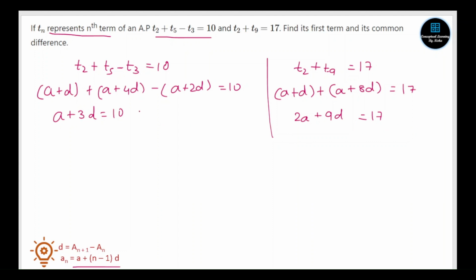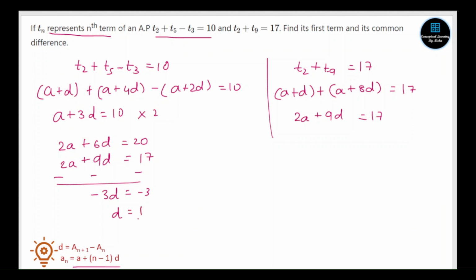So I'll multiply this equation by 2 and use the elimination method. So 2a plus 6d equals 20 and 2a plus 9d equals 17. Now we'll simplify this by subtracting. So what do we get? Minus 3d equals minus 3.